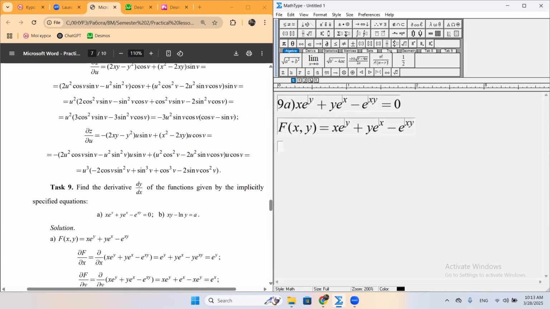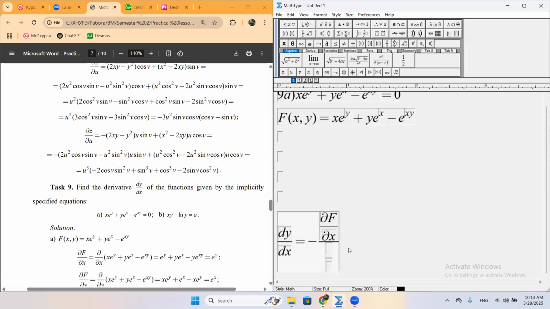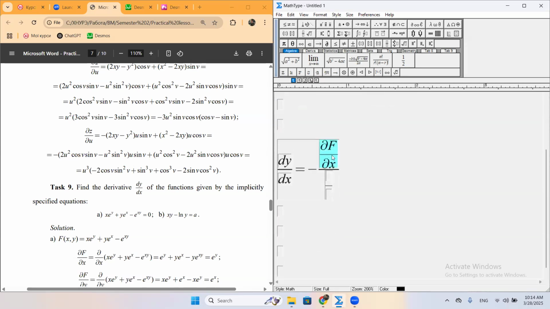The derivative of the implicit function in this case can be found by the following formula: minus the partial derivative of f by variable x divided by the partial derivative of f by variable y.